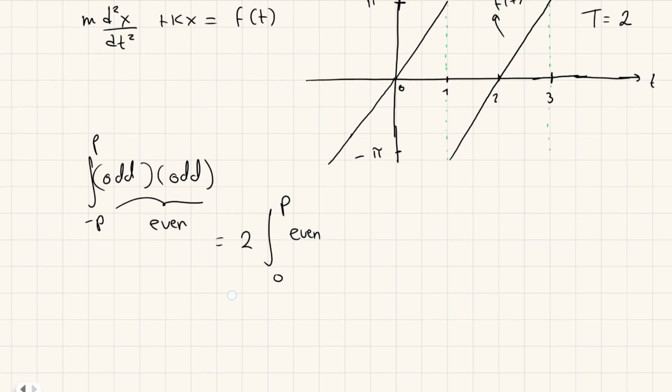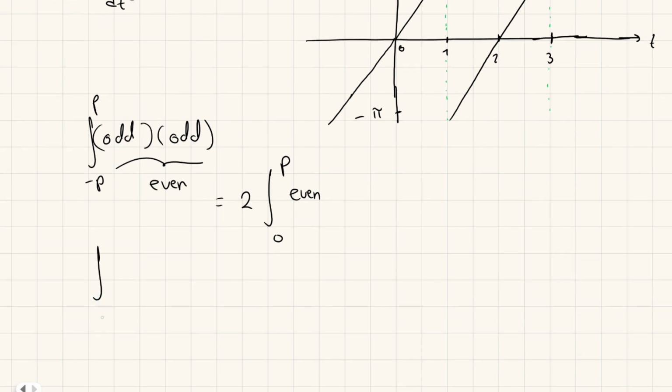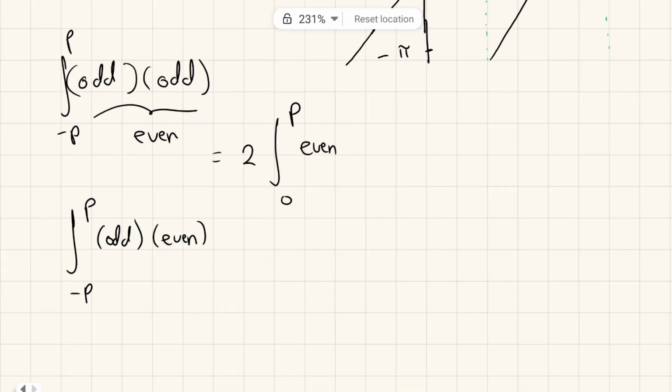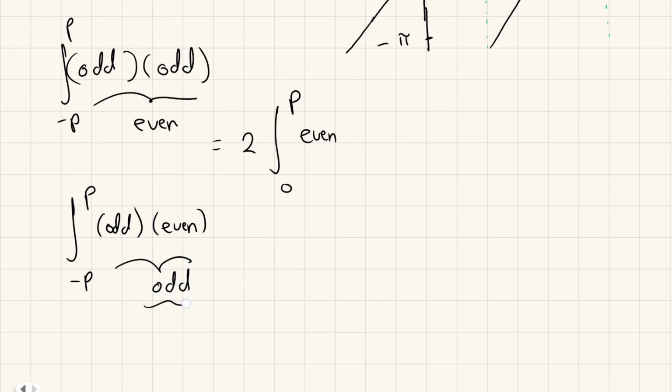But if we have the integral from negative p to p of an odd function times an even function, we get an odd function. And since it is odd on a symmetric interval, this is going to be equal to 0.